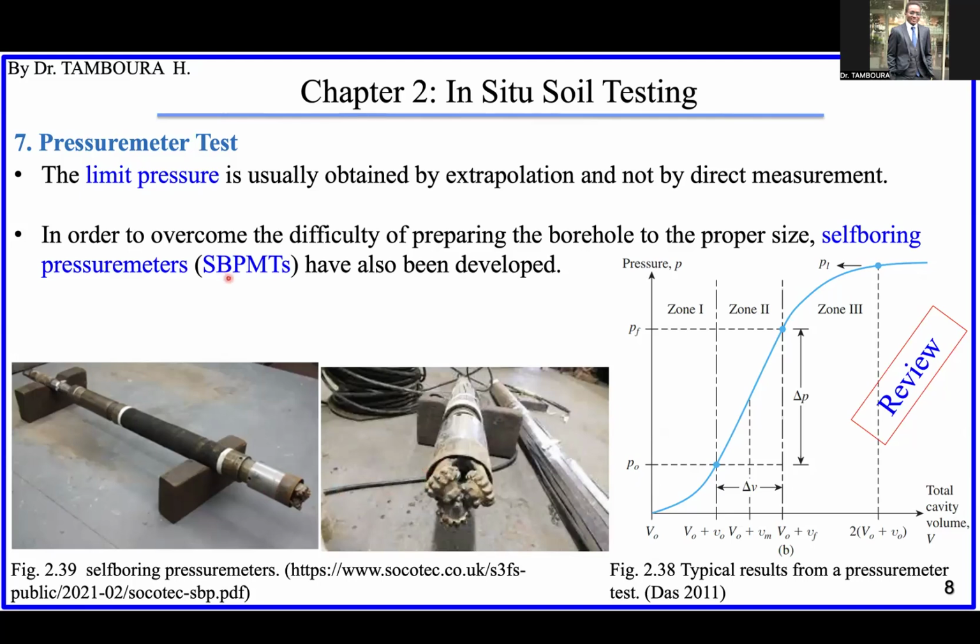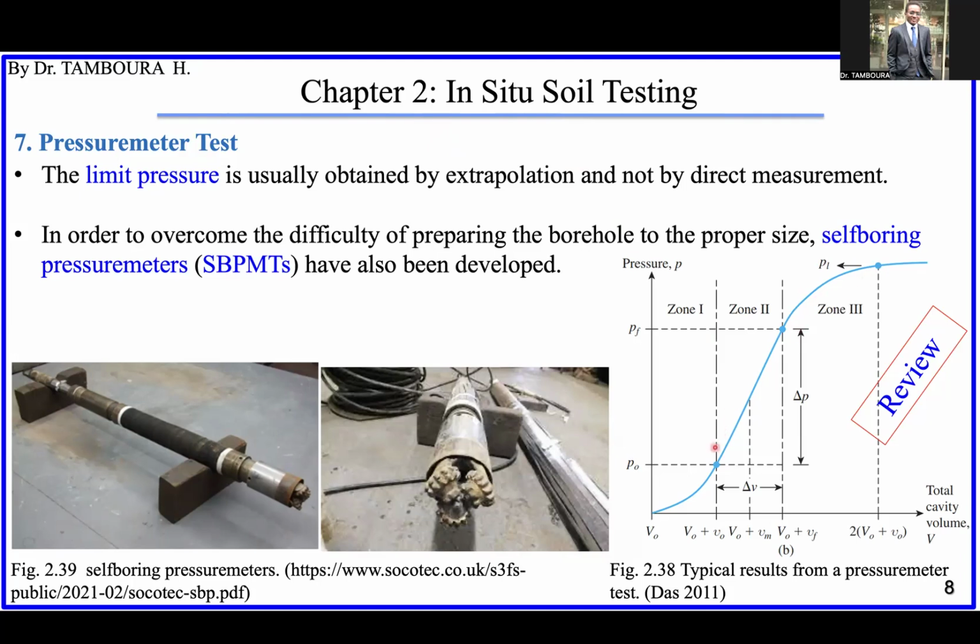Self-boring pressuremeter like this. So instead of digging the hole by yourself and inserting the device, this one will dig the hole itself. Anyway, we did this in chapter 2.